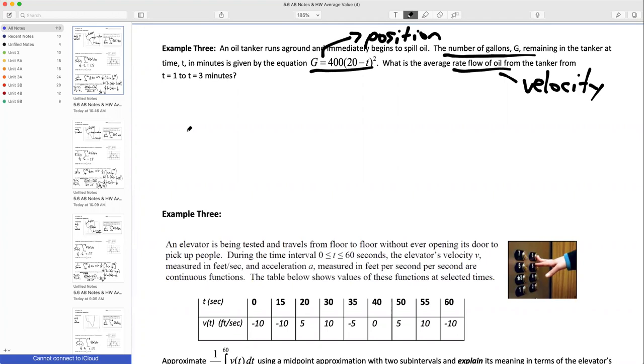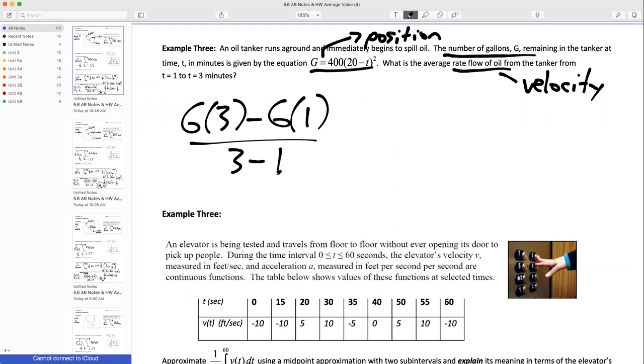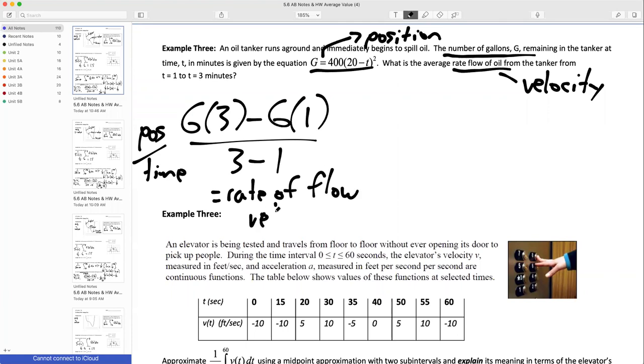So the first way would be G of 3 minus G of 1 over 3 minus 1. This is position divided by time, which gives me the rate of flow or the velocity.